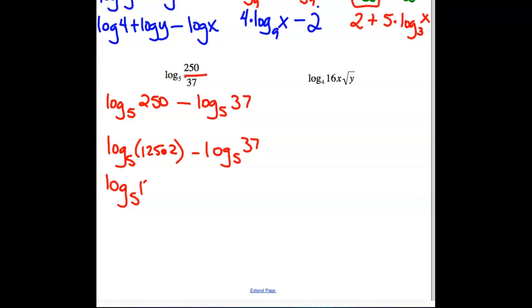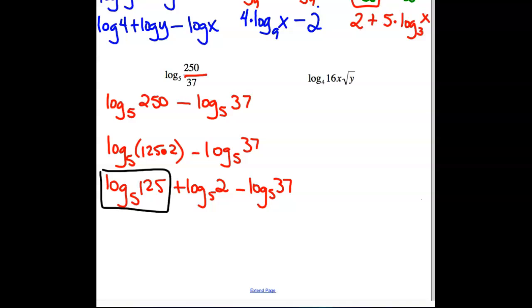So log base 5 of 125 plus log base 5 of 2 minus log base 5 of 37. And then this piece here, we can figure out 5 to what power should get us 125? Our answer would just be a 3. So we have 3 plus log base 5 of 2 minus log base 5 of 37. Now notice I never simplified log base 5 of 37 because 37 doesn't have any factors that are powers of 5.